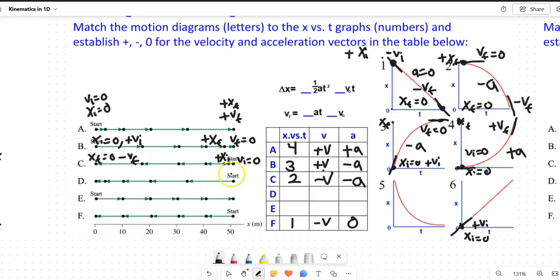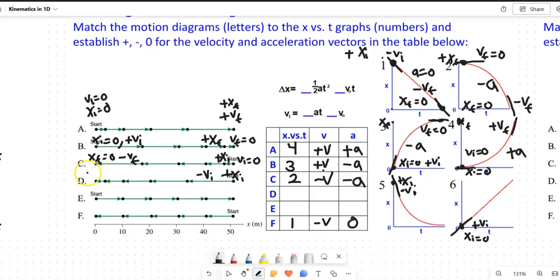All right, D looks like it starts off with a positive initial position, but has a negative initial velocity. So xi equals 0 is positive, but vi is negative.